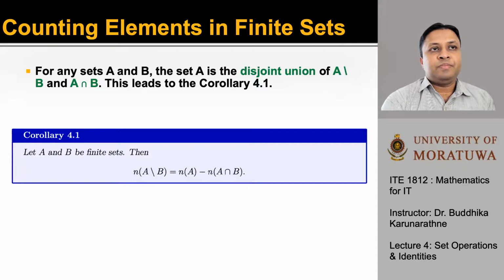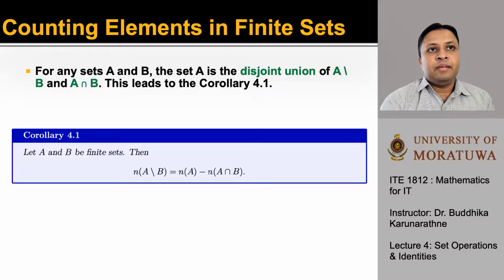Moving on, for any sets A and B, the set A is the disjoint union of A difference B, that is, the difference of A and B, and A intersection B. This leads to a corollary. Let A and B be finite sets.